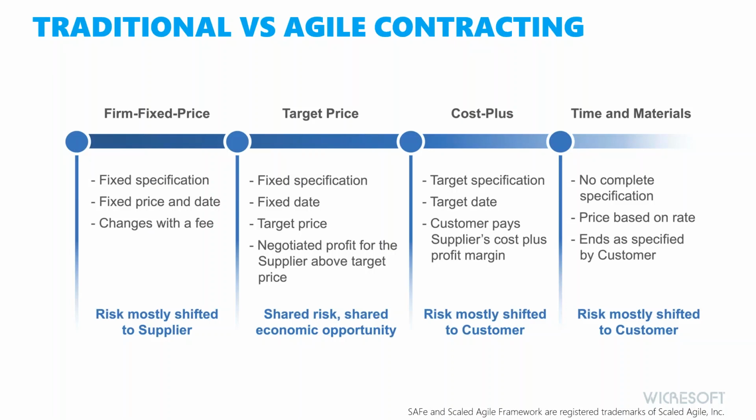And then you have on the other end of the spectrum completely open time and materials type of contracts, where the risk is mostly shifted to you, the enterprise, as the customer. And Agile contracting is trying to find and define options that are somewhere in the middle, where you optimize the collaboration, you optimize for risk, you optimize for a win-win.